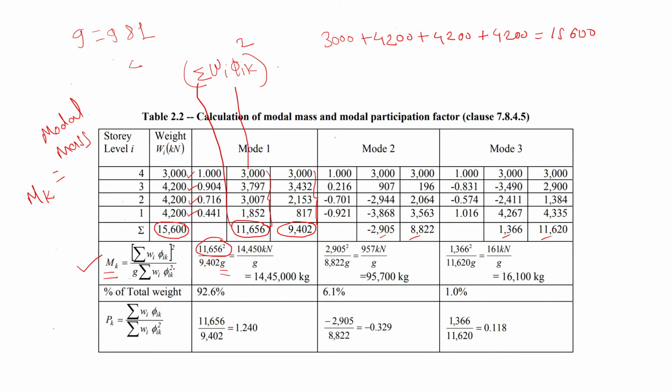Now for the denominator, we know that this column is wi phi ik square, and this value represents the summation. I have used this value as it is here. If you put 9.81 here, you will get this value.